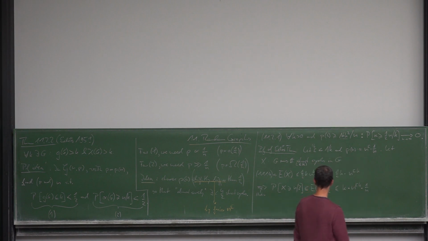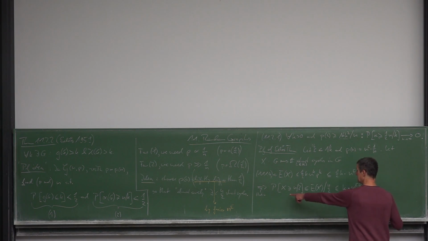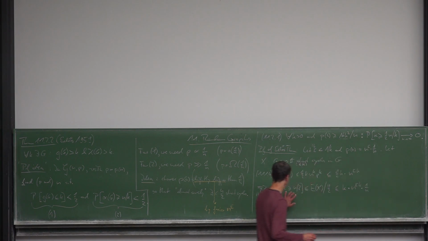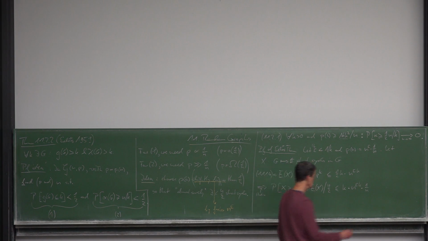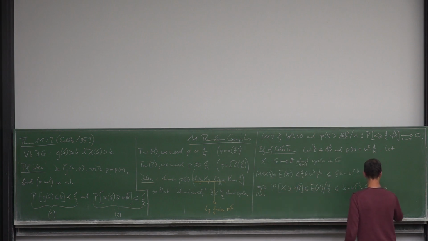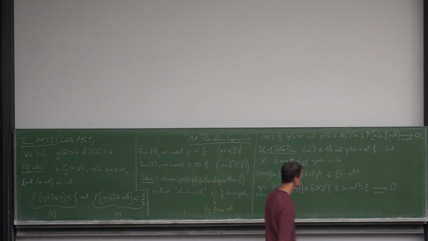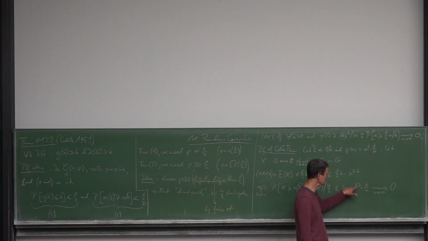Now, we want this to be small, and in fact, we'll show that as n goes to infinity, this tends to 0. Now, why is that? It does pay to rewrite this as n to the epsilon k minus 1, because what is epsilon k?